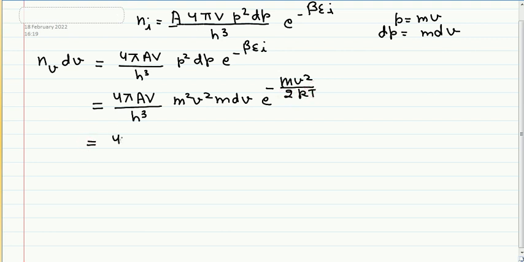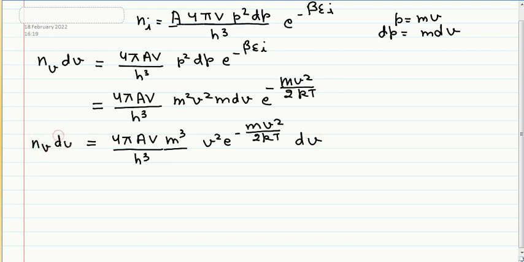So this will become 4 pi AV by h cube into m cube, and then we have v square e to the power minus mv square upon 2kT into dv, and this is the value of n(v) dv.